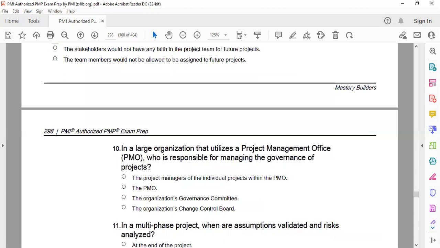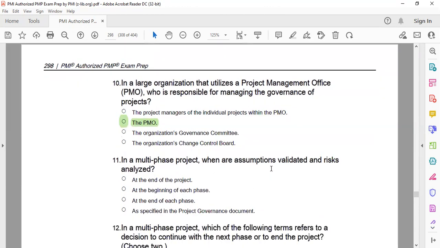Ganesh, yes. Good. Naved, yes. Very nice. Hari, yes. Good. Exactly. The PMO is responsible for managing the governance of the project. The project manager can never do anything in governance. The organization is different, and the change control board has no role in the PMO.